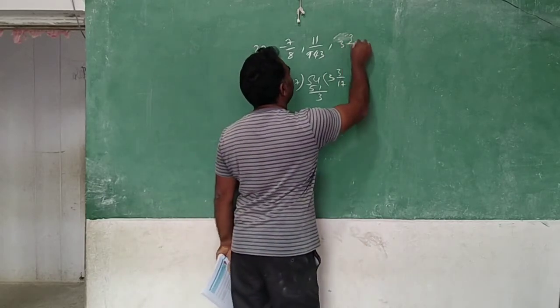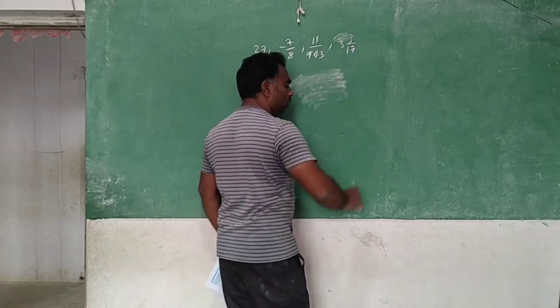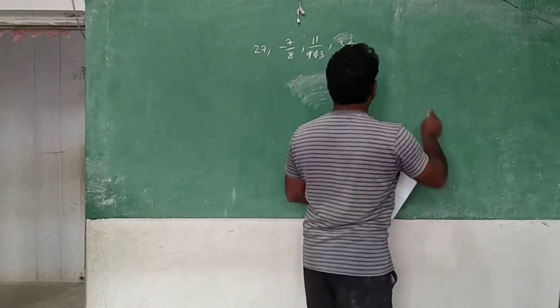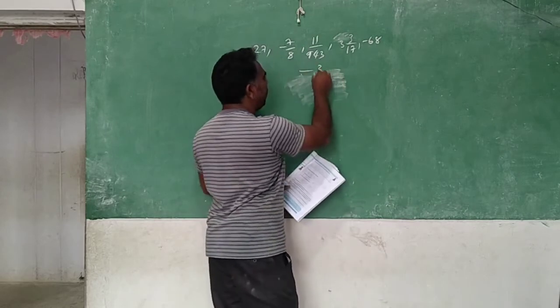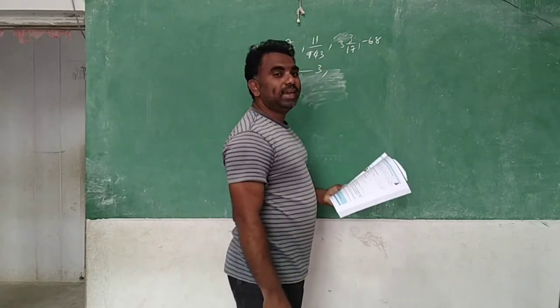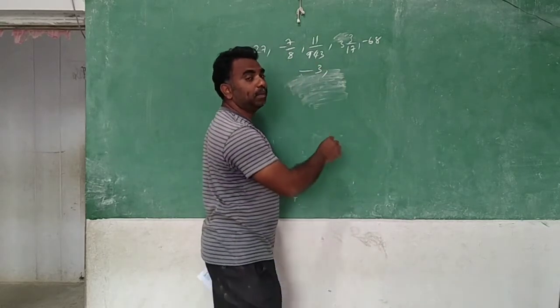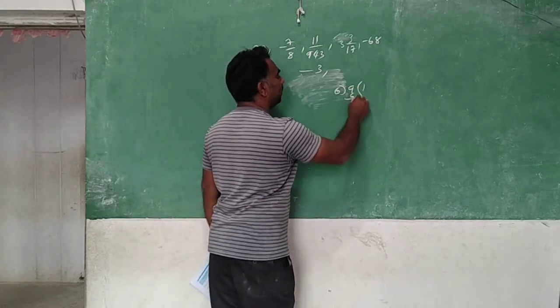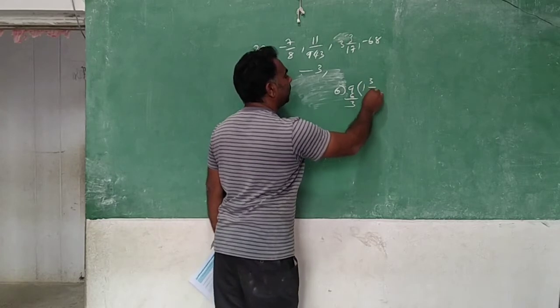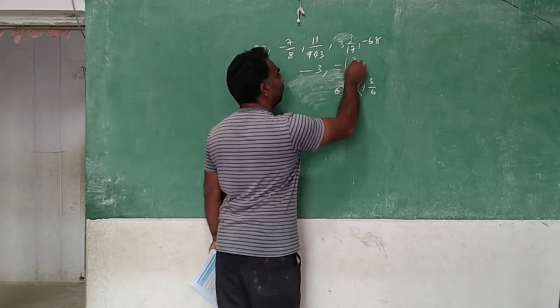3 by 17. Okay, next one minus 68. No need to write anything. Minus 3. Minus 9 by 6 is improper. So you will convert. 6 ones are 6, 3 left. 1 3 by 6, it is minus. That's minus 1 3 by 6.